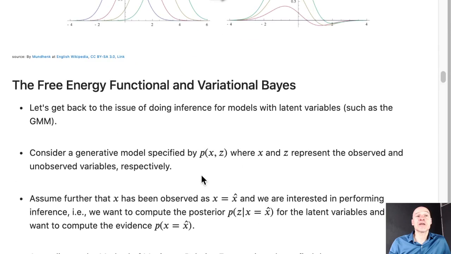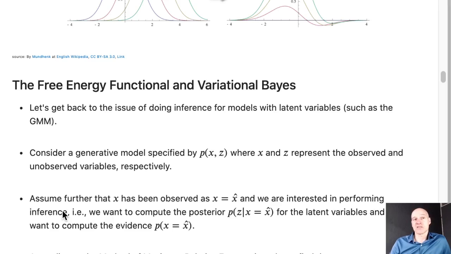So I have here a model P of X and Z, where X is observed and Z is unobserved variables. They could include parameters, hidden states, latent variables, anything you want. It could be a whole set of unobserved variables. And I assume now that X is observed as X hat, and we're interested in performing inference.